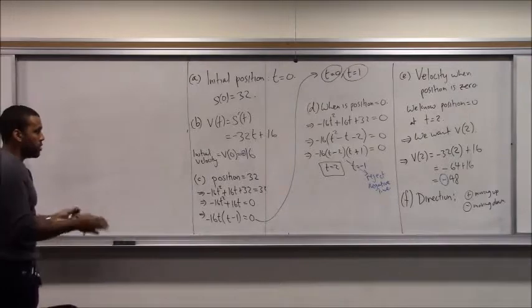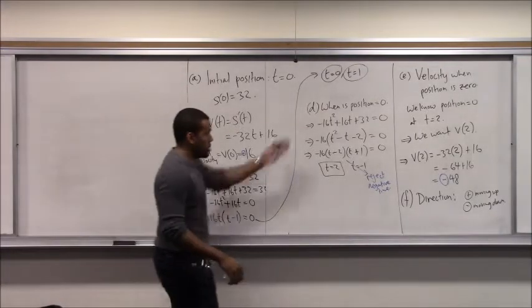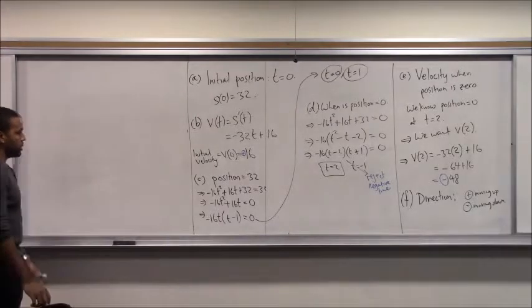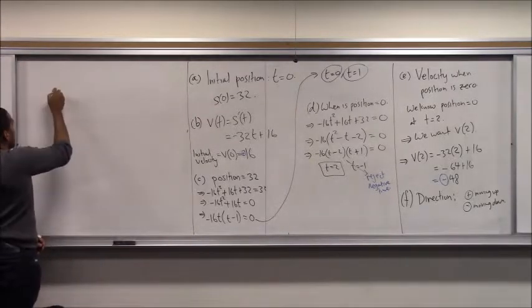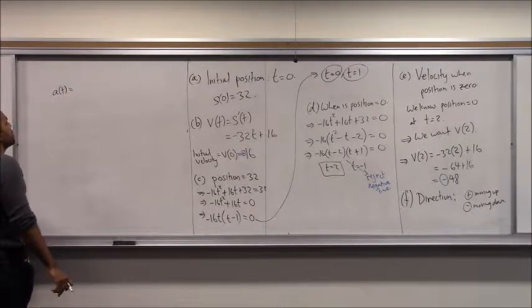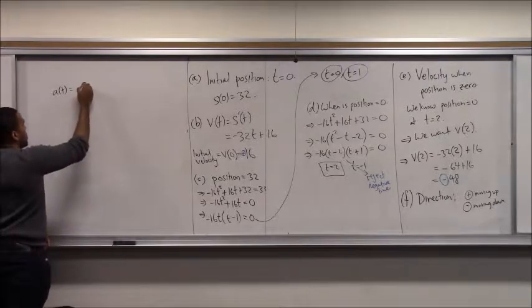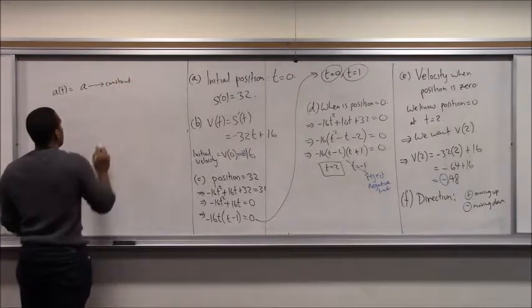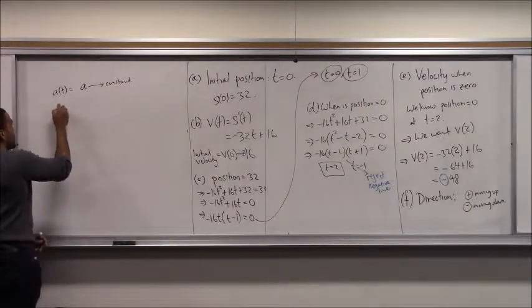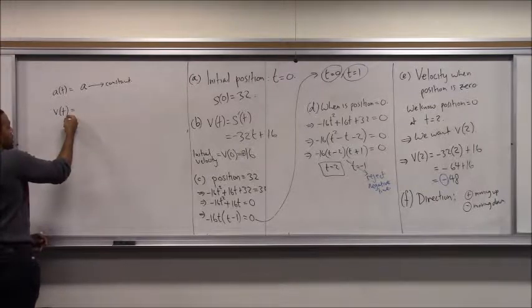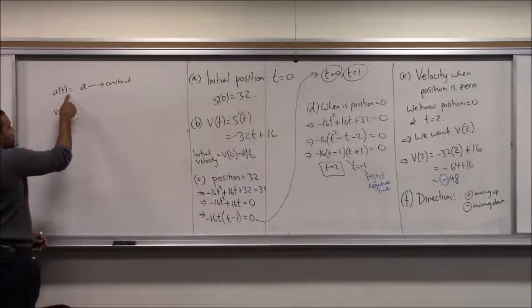So that's how you can use derivatives. Sometimes you might need a derivative, sometimes you might need to solve an equation, but you should know when the derivative would apply. To talk a little bit about constant acceleration, let's say a of t is a constant, call it a. If you wanted to go to velocity, you have to remember that to get from here to there, you have to differentiate.